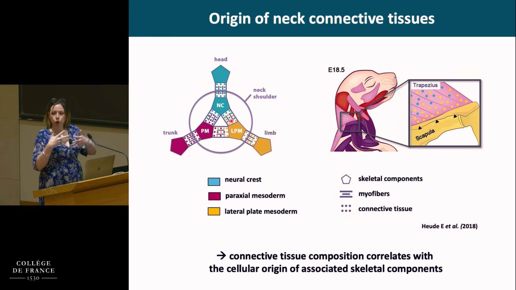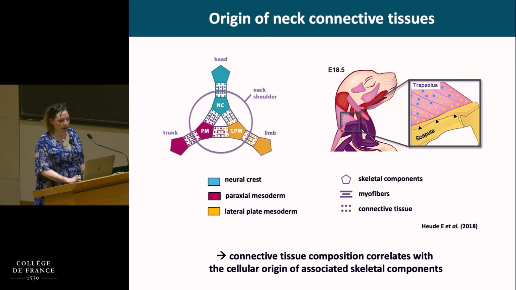Here is a schematic view of the muscles connecting the different skeletal components, and the dots are the connective tissue within the muscles. And the close analysis of the different reporter mice revealed that the connective tissue composition within muscles correlates with the cellular origin of associated skeletal components.